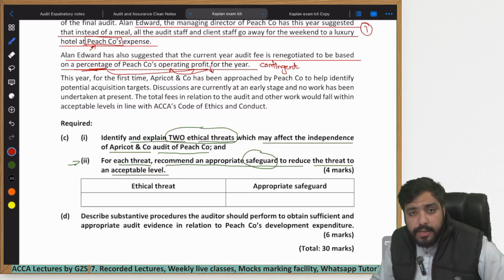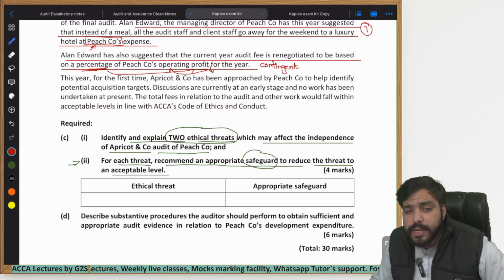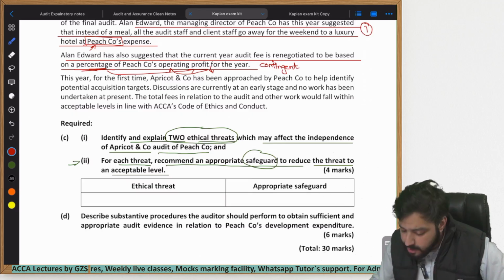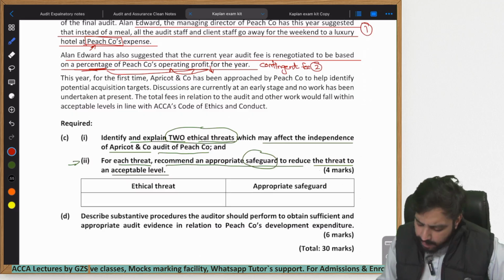And as an auditor, contingent fee, whether it is a listed company or a non-listed company, under the code, is not allowed to be accepted by the auditor. So this is an example of contingent fee. This is the second type of threat that we have identified.